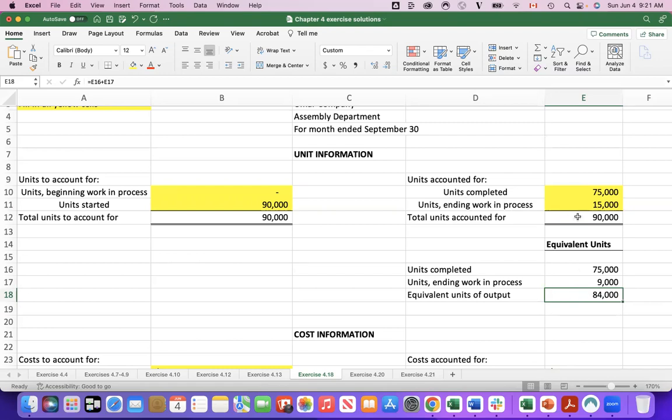I can't use 90,000 units because this is a mix of both fully completed and partially completed. I want to use this equivalent units measure because this represents the theoretical amount of fully completed units I could have completed during the month. So there's no mixing of different types of inventory. They're all theoretically fully completed. Therefore, I get a better, more accurate cost per unit amount.